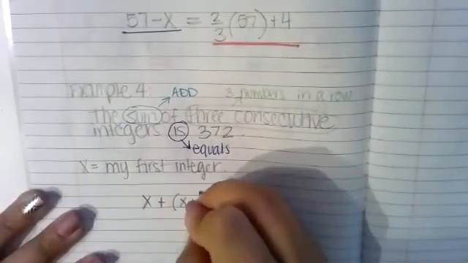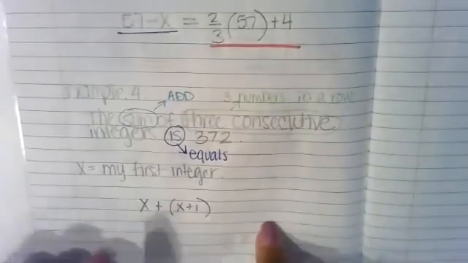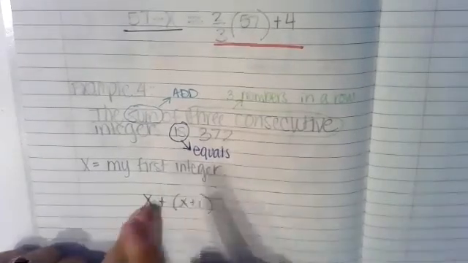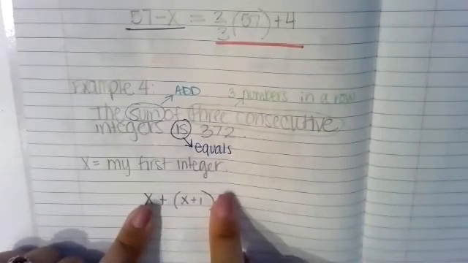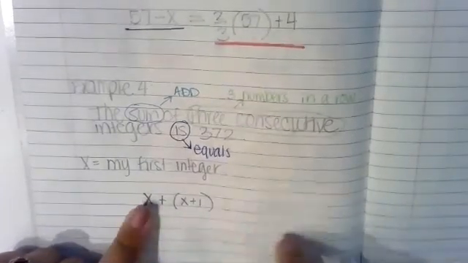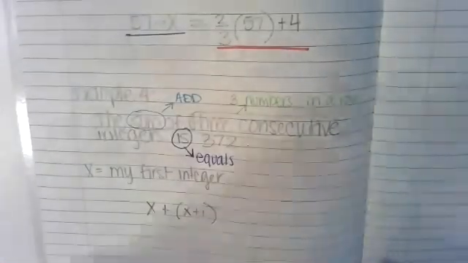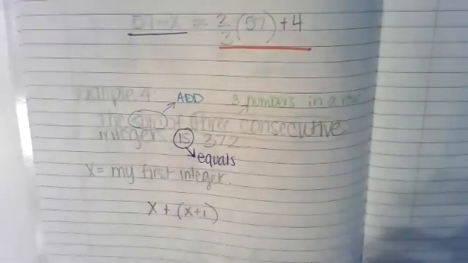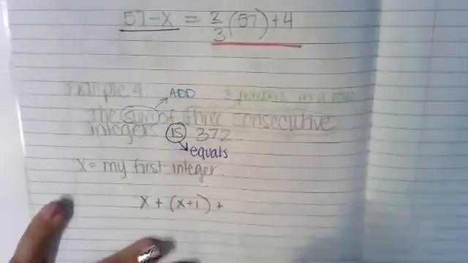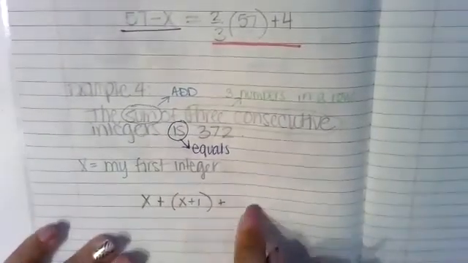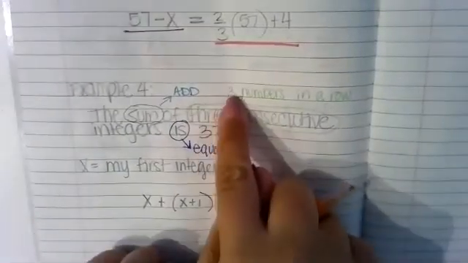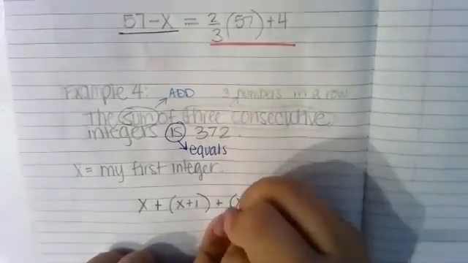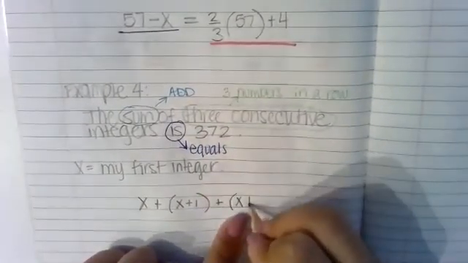X plus 1. Because if this was 1, let's pretend this was 1, then the next number would be 2. So when we go in counting order, each number is growing by how much? 1. Okay, so here's number 1, here's number 2, and then I need a third one because I need 3 numbers in a row. So x plus.